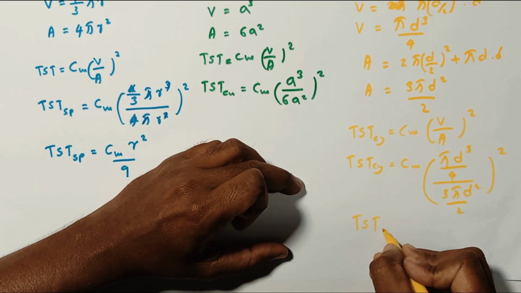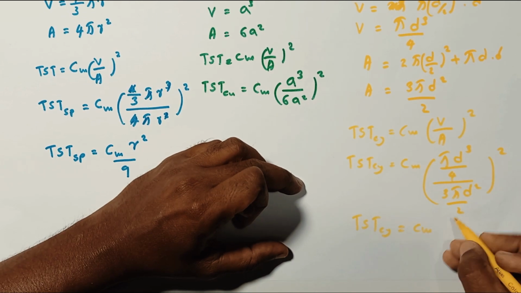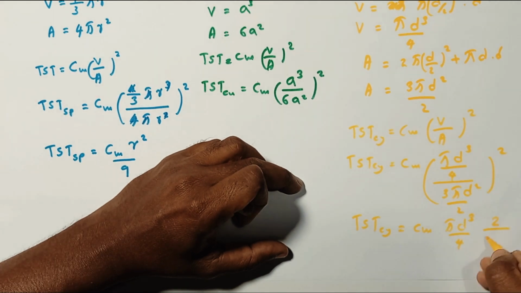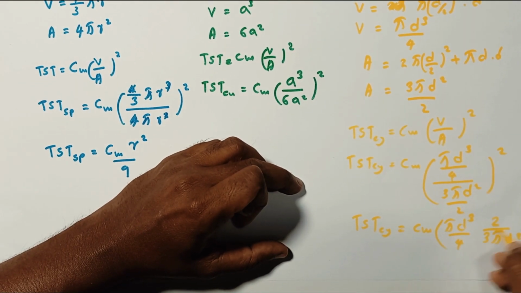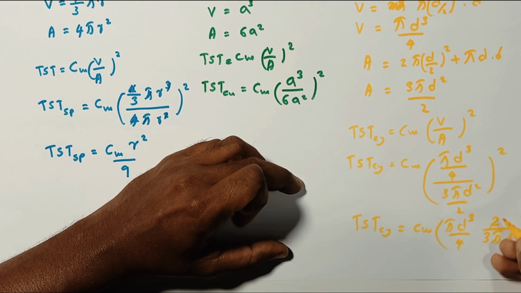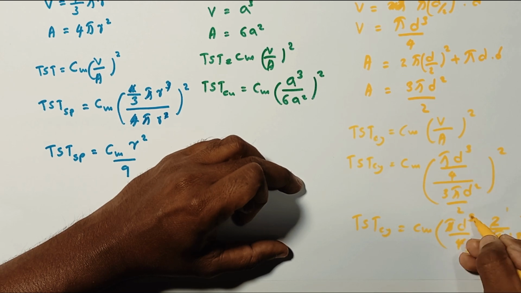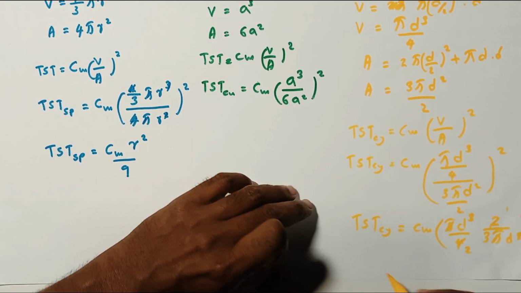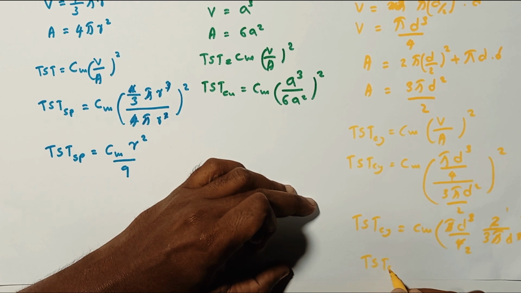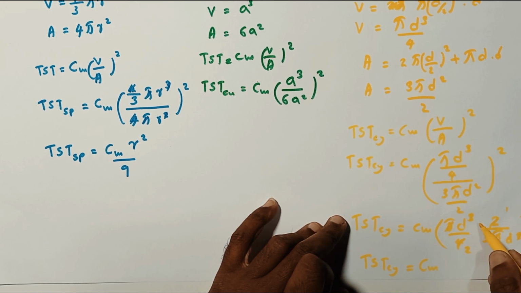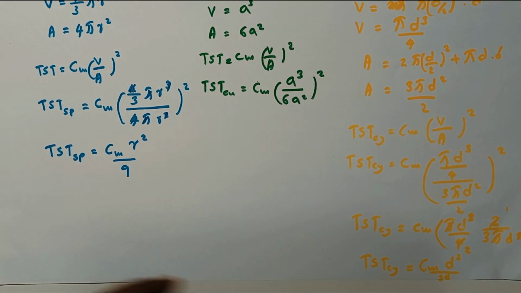We can cancel the π terms and the 2s, so finally the total solidification time for the cylinder is Cm d squared divided by 36.